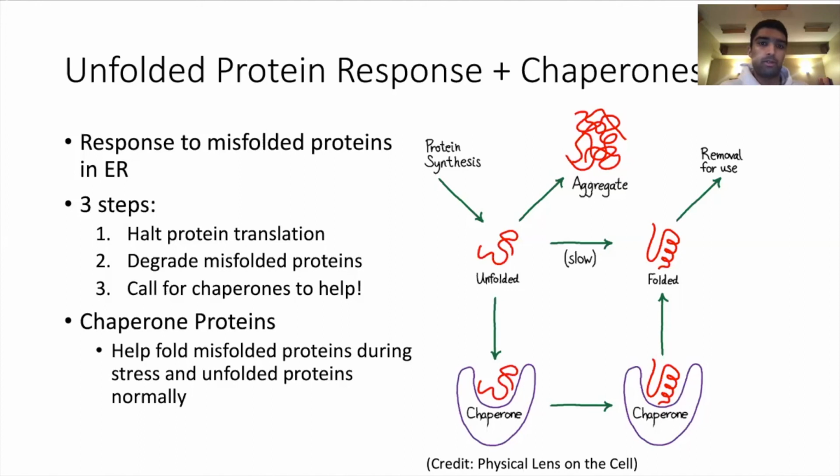In a normal situation, proteins are folded by chaperone proteins because it just makes that process easier. And you can see that on the right over there, where chaperone proteins grab the protein and force it into the right conformation, into the right fold. So then they can go off and do their job.